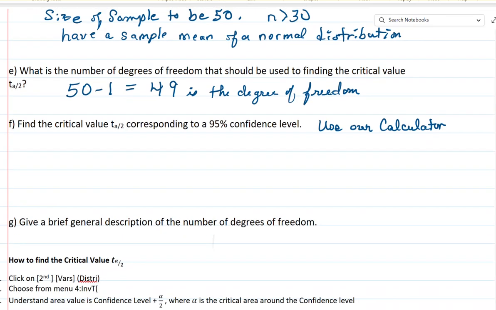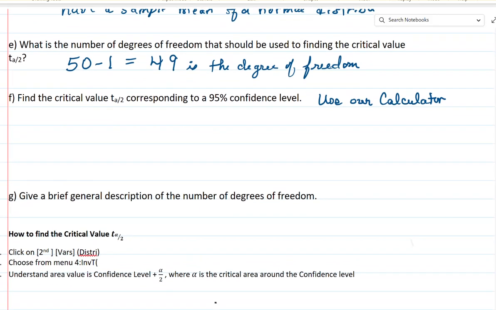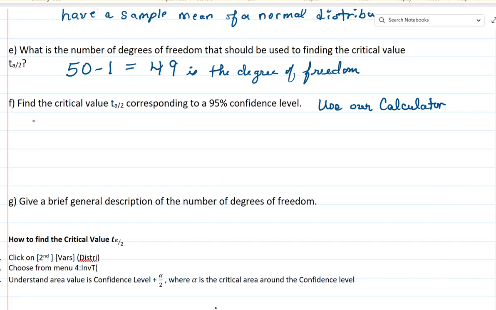And to find the critical t, I wrote it down here. We go second Vars, distribution, choose the menu for inverse t, and understand that the confidence level plus alpha divided by 2 is a critical area. So we have 95. So alpha equals 1 minus 0.95, which gives me alpha equals 0.05.